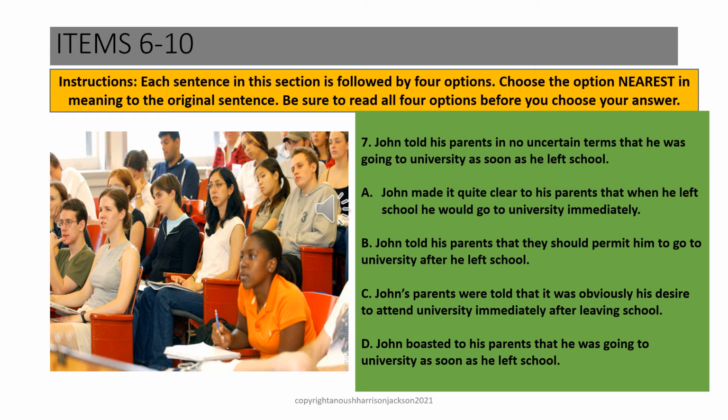Question 7 reads, John told his parents in no uncertain terms that he was going to university as soon as he left school. A. John made it quite clear to his parents that when he left school he would go to university immediately.